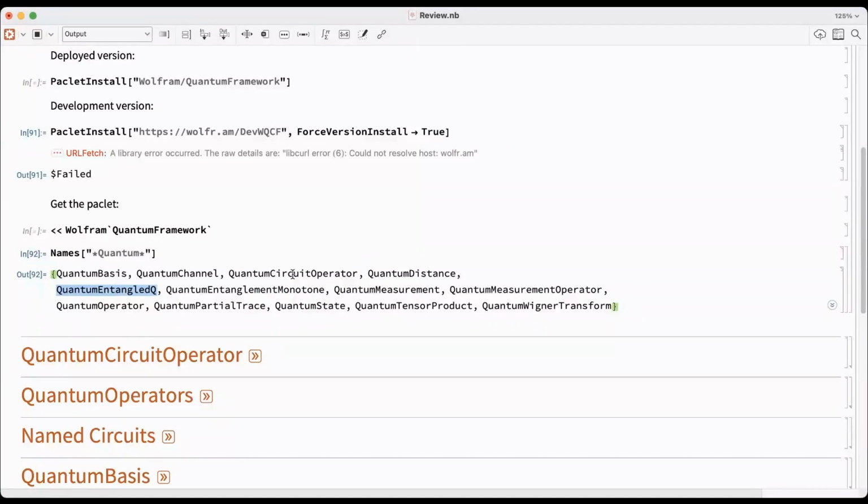So as you can see, some of them are for particular objects that have a very specific meaning, but some of them give you a numerical result or a true/false. Okay, so what I'm gonna do is start with those functions that return a very particular object. These are the objects that you would use for quantum computation.